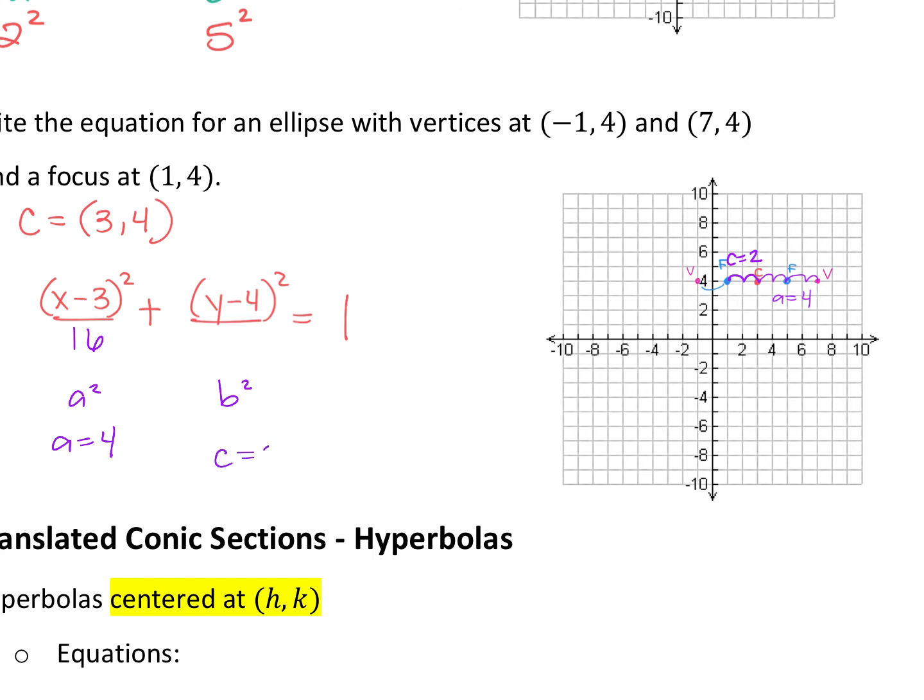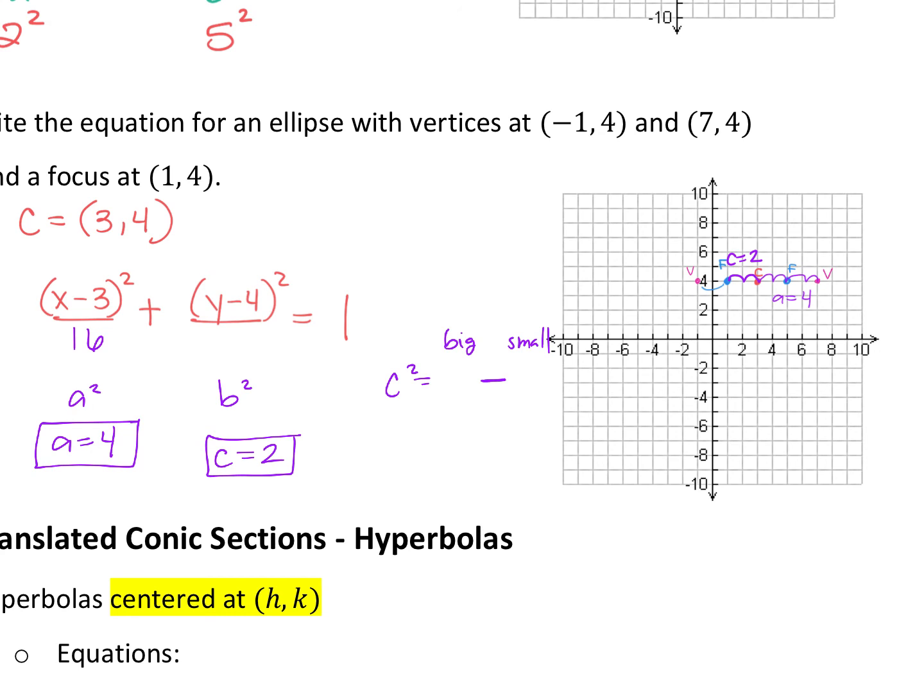So we know C is 2, we know A is 4, and we're trying to find B. This one, you got to think a little bit. It's C squared equals something minus something. It's the bigger minus the smaller.